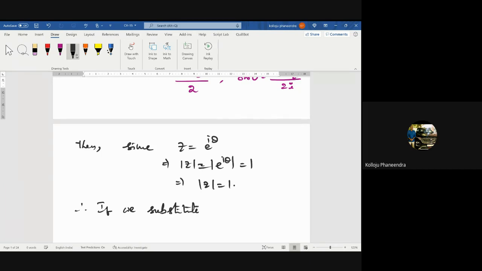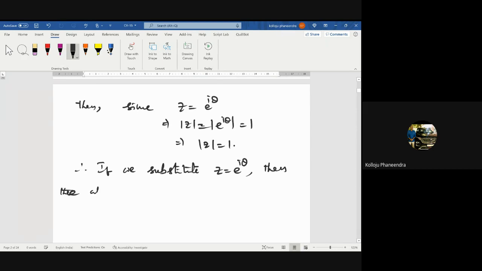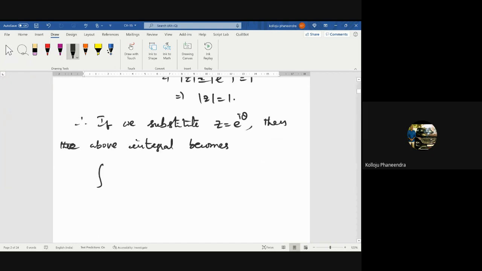Therefore, if we substitute z equal to e power i theta, then the above integral becomes an integral.